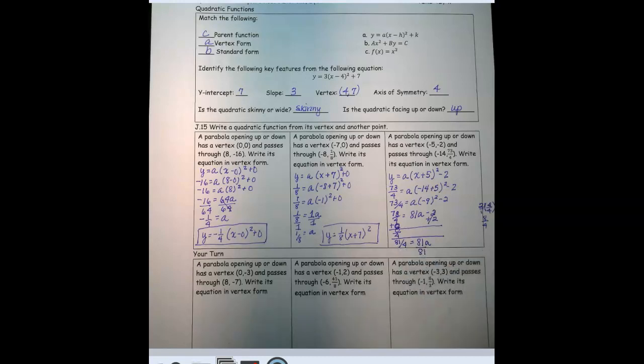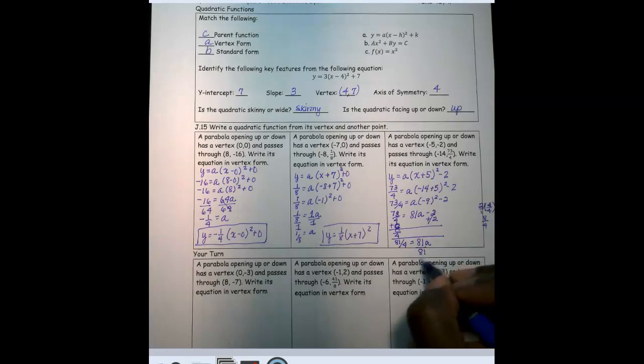Now, here's the other part. When you are dividing by a number and you've got a fraction over here, remember this 81 could be written as 81 over 1. But we really don't divide fractions like that. We multiply by the reciprocal. So basically what happens is I do 1 over 81 multiplied by 81 over 4.